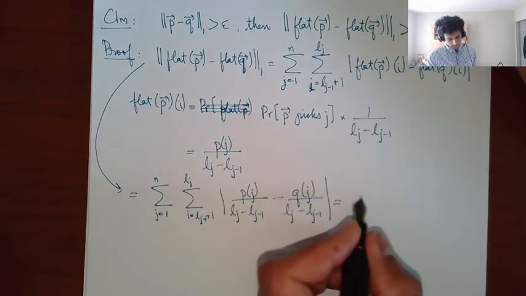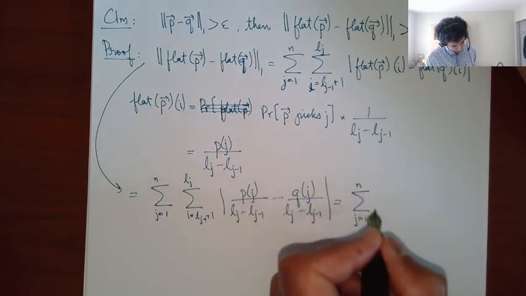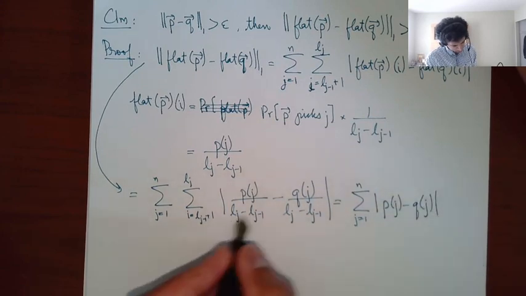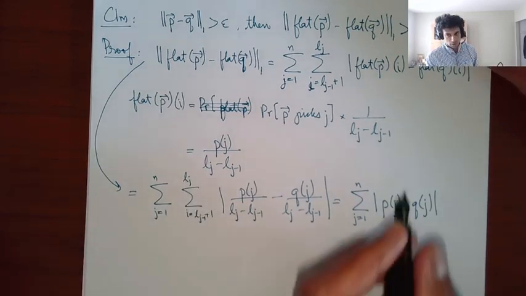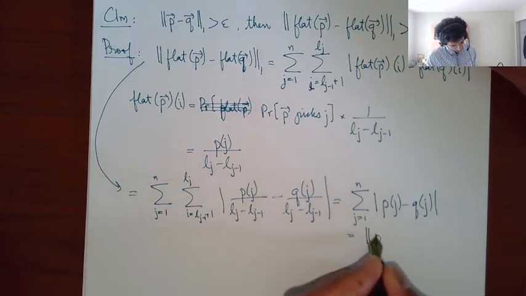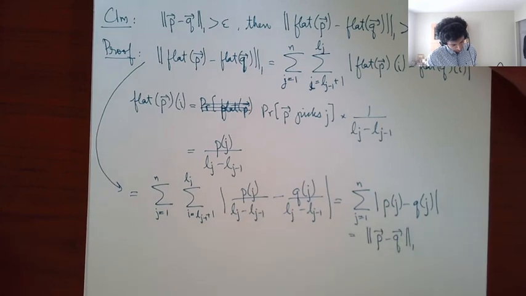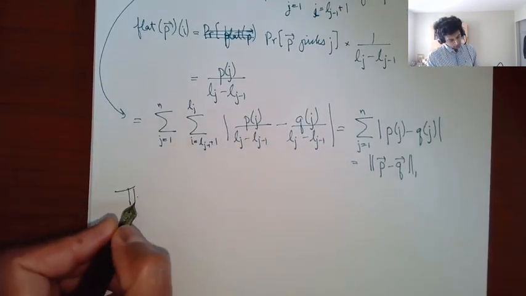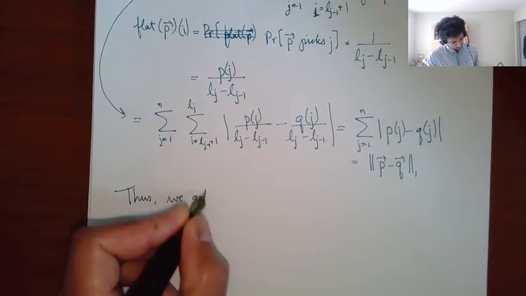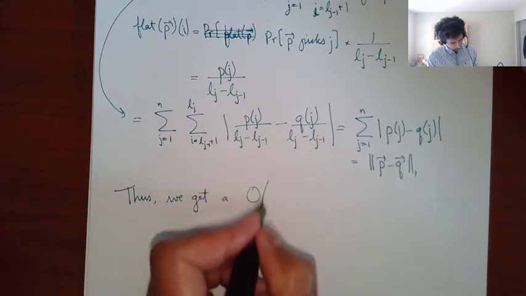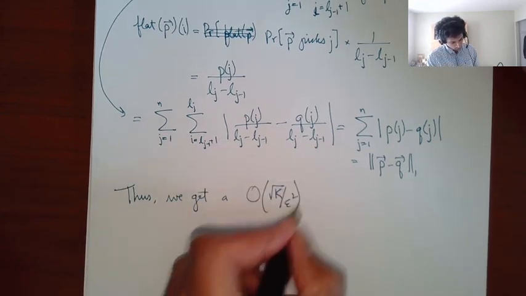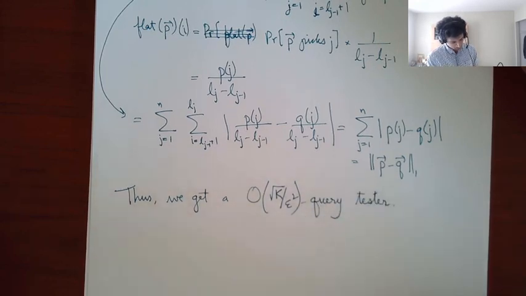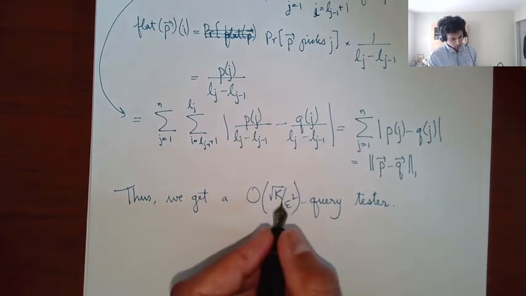And this is simply going to give us P of j minus Q of j, because the denominator will cancel out with the summation, which is equal to the one norm of P minus Q. So thus we get a square root k over epsilon squared query tester. Right, so we get square root k.